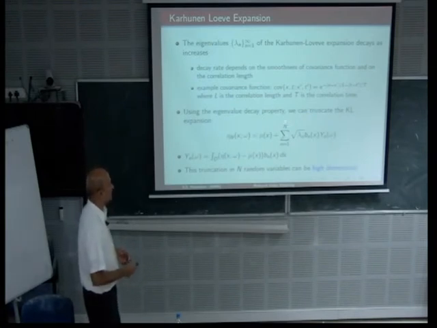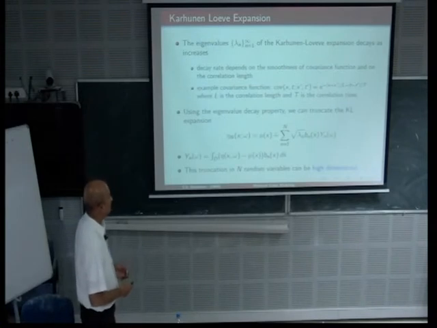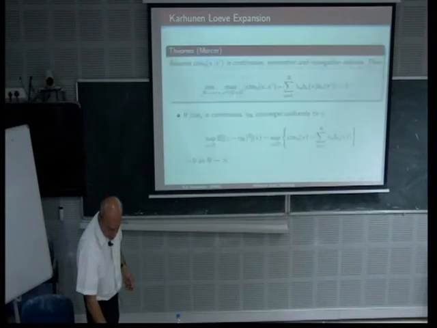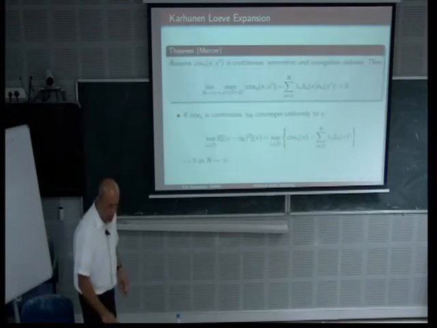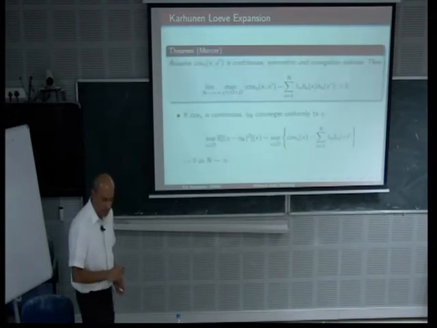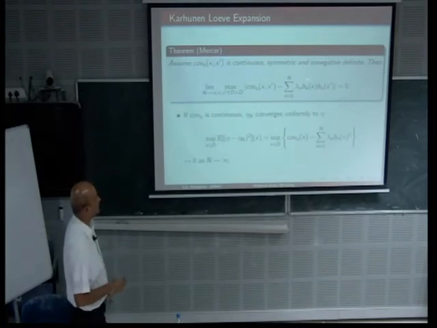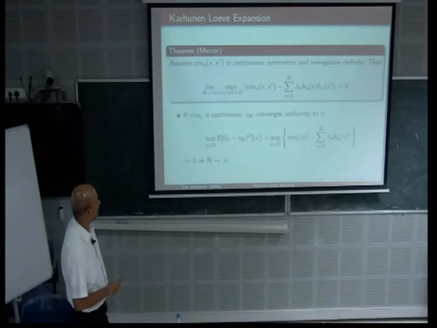So you can determine n using this information, and you have an approximation for the random field, okay, if it is correlated and Gaussian, for example. And you can prove convergence of that approximation eta n using, for example, Mercer's theorem, which gives the convergence of the covariance. That is, the difference between the covariance and this sum goes to 0 as n goes to infinity with respect to this max.